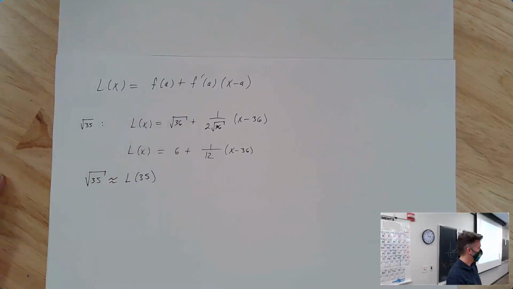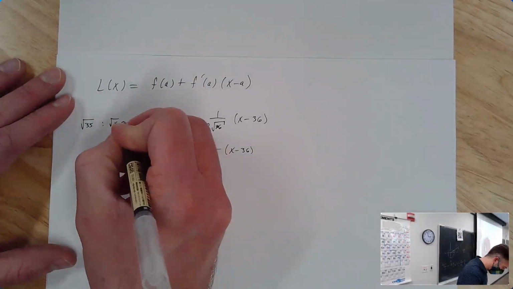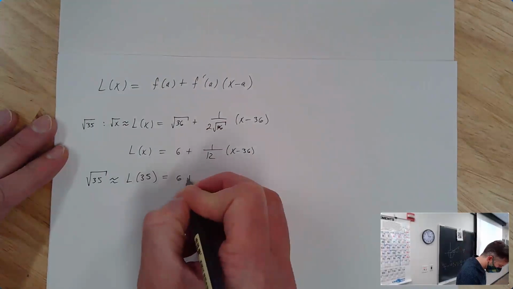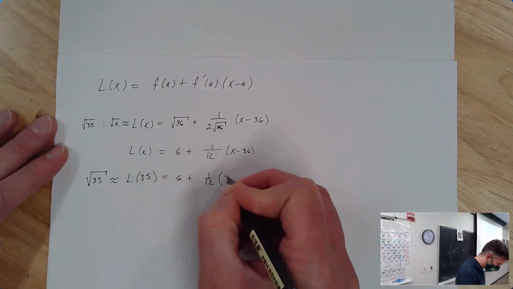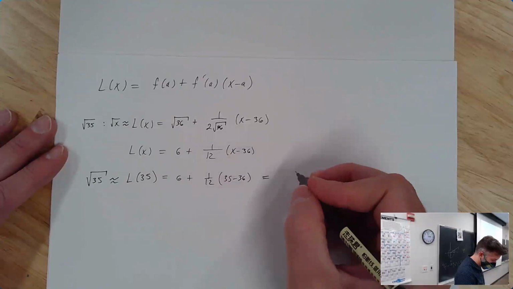I think it's nice to say that, because what we're really saying here is that the square root of x is approximately the straight line L of x. So I wanted to approximate the square root of 35. I'm going to plug in 35 for x, and I'm going to get 6 plus 1/12 times 35 minus 36, which is just 6 minus 1/12.